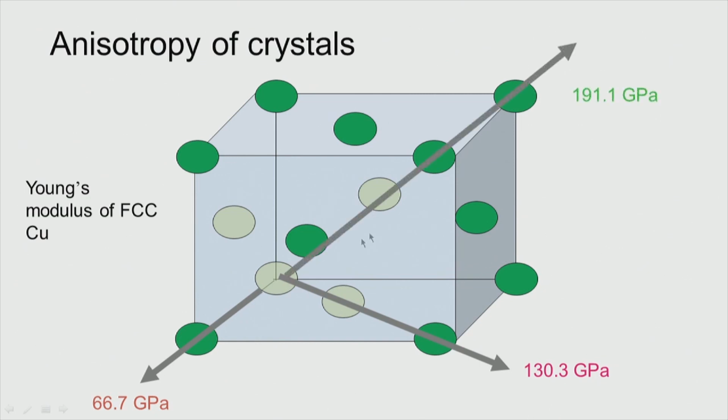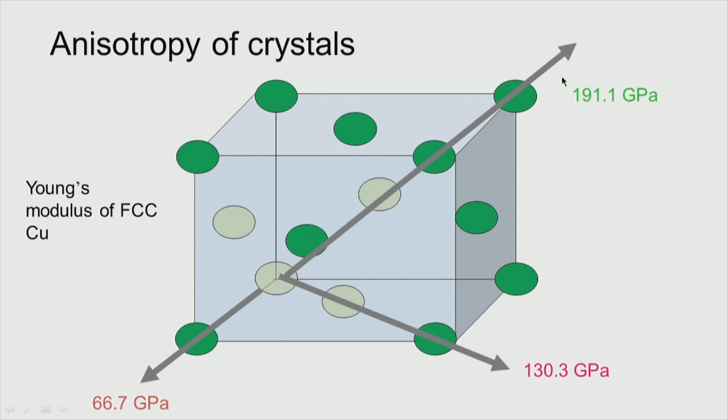Whereas, if it is in another direction like this, it goes to 191, that is the longer diagonal, 191.1 gigapascal, a lot of difference. So, if it is along the side, or along the face, or along the longer diagonal, the Young's modulus can change dramatically.